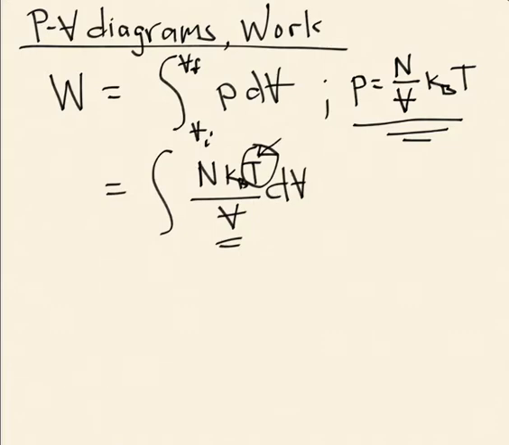Now what I can do is consider a process. What matters for the work is the pressure and how it changes with volume. So what I can do is introduce a diagram that shows the process in a space that's pressure versus volume.